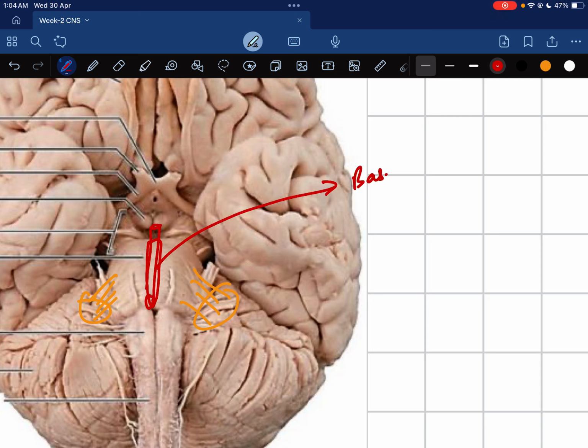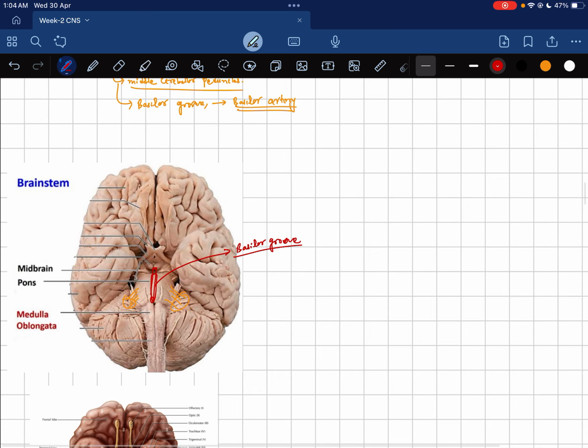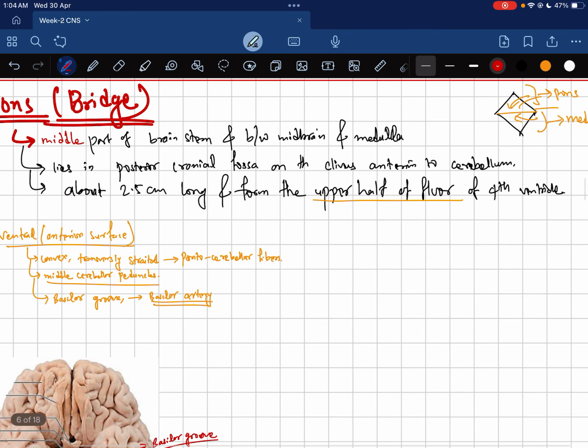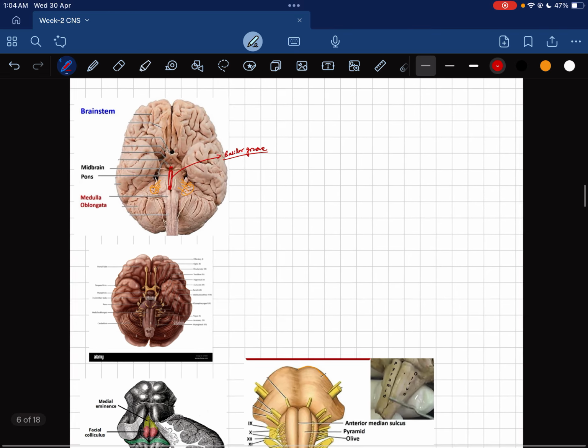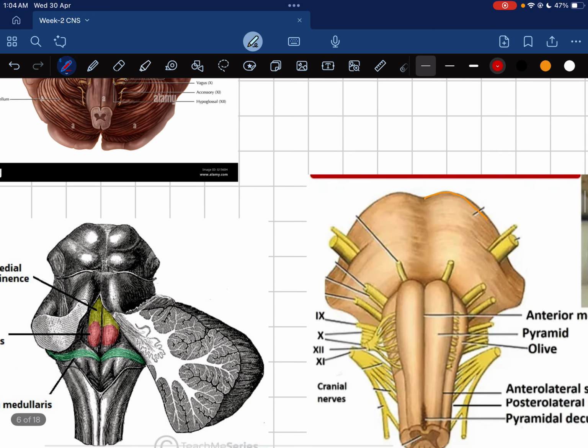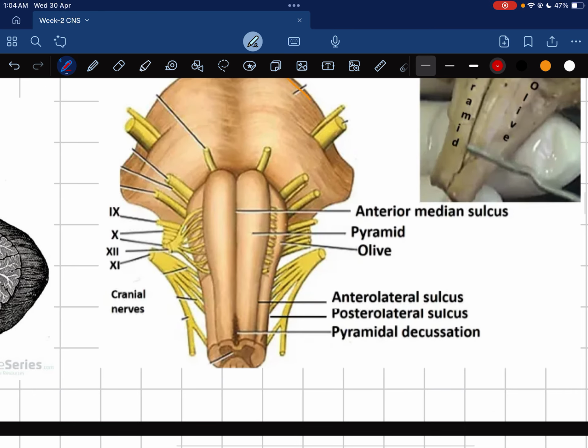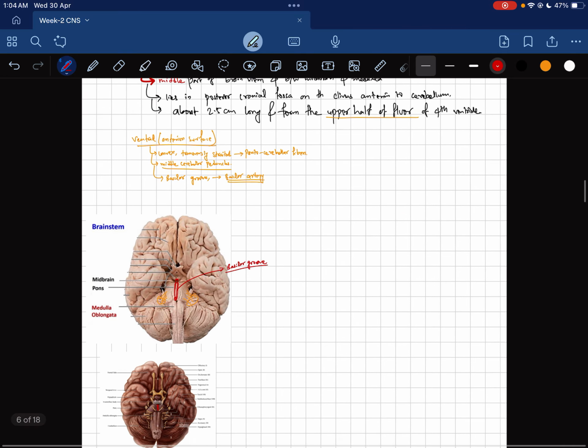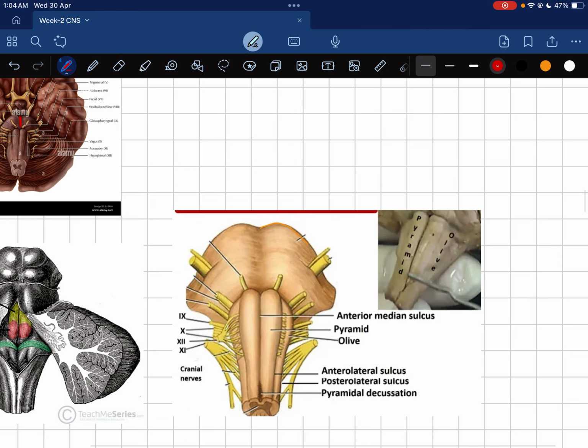This is called the basilar groove. We can look at this image also. Here is the basilar groove, this is anterior, and in between there is the basilar artery passing.